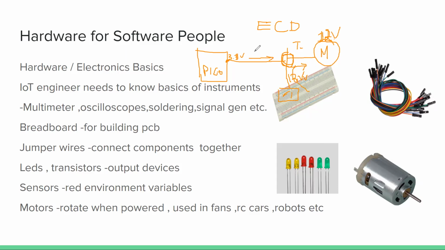Let me say you provide a small current of maybe 0.1 milliamps. Can you see that? It's a very small current. Then the small current can activate a huge amount of current, maybe 2 amps. Can you see this, 2 amps?